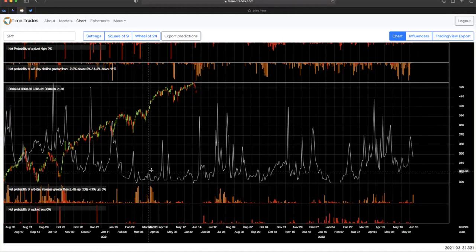The baseline level of juice right now is a lot lower than what it used to be, okay? And if we look ahead to February next year, 2022, there's an entire month where there's no juice at all, right? Which probably explains why Time Trades thinks there's high probabilities of down moves during that time, because there's just not the energy that we're used to seeing.